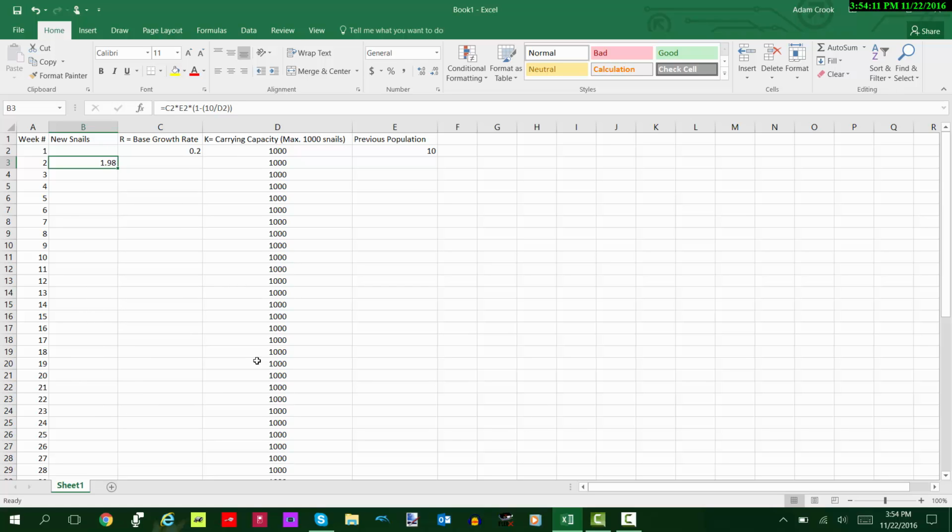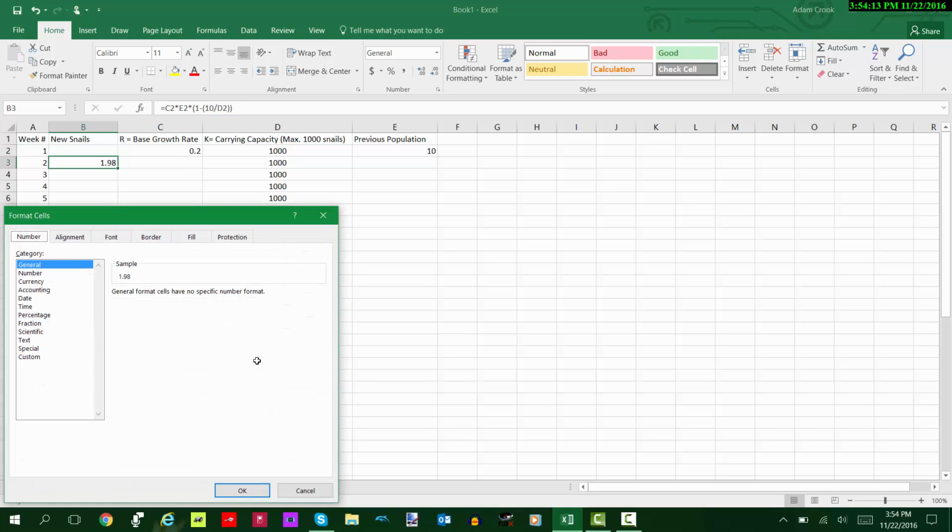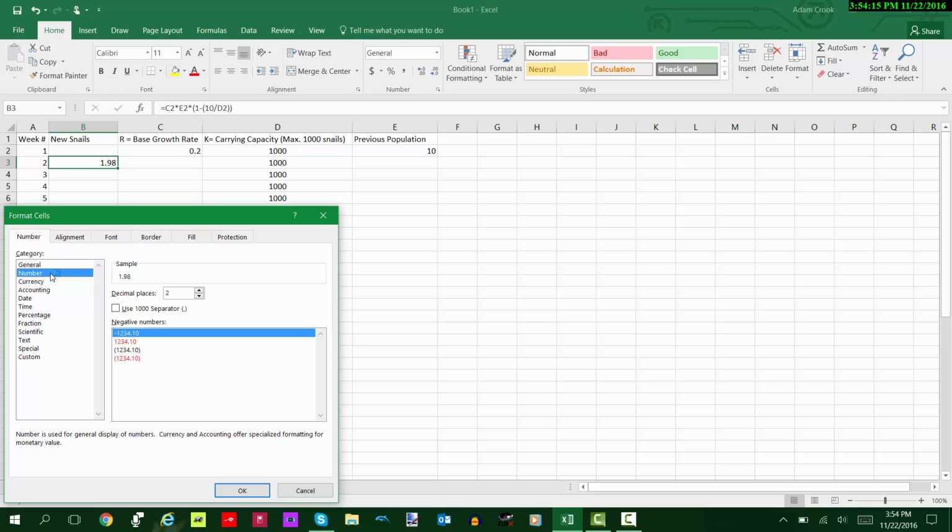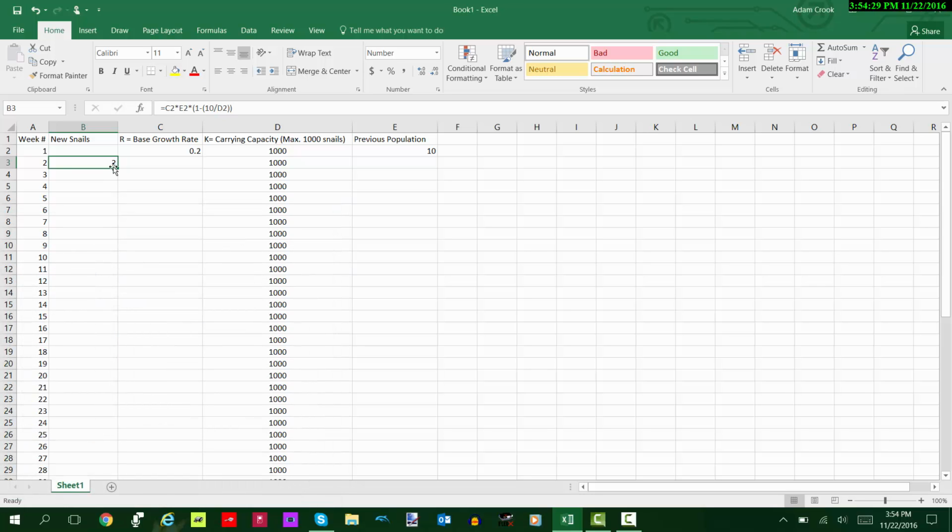Let's see what we gotta do here with formatting the cell. Number, so no decimal places whatsoever. So it's 2.